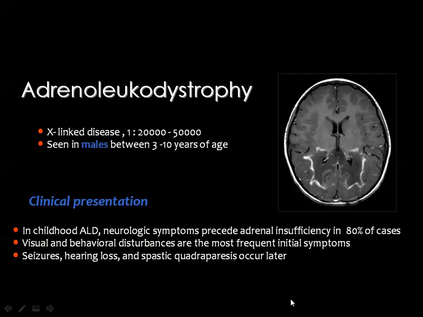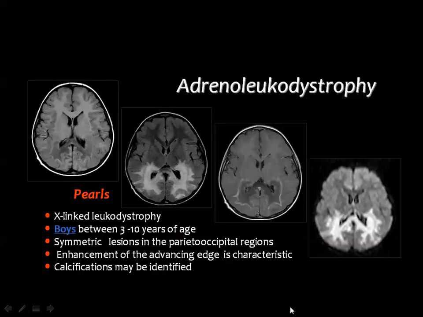Then also, you remember adrenoleukodystrophy is one of the leukodystrophies which can be easily diagnosed from imaging, especially when you see the changes of the white matter which are mostly present in the posterior parts of the brain, and when you inject contrast material you get enhancement of what is known as the leading edge of the disease.